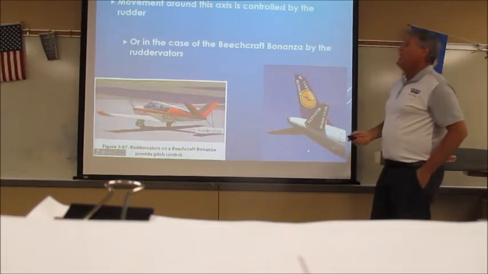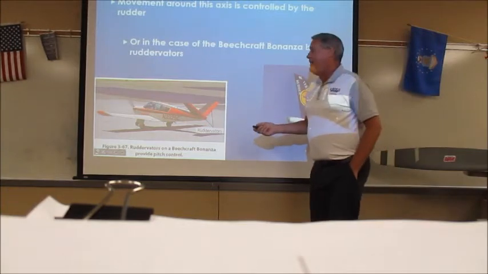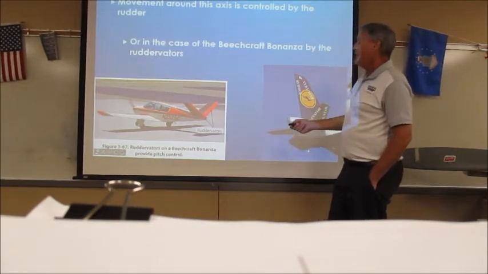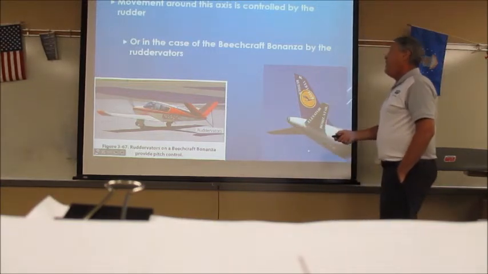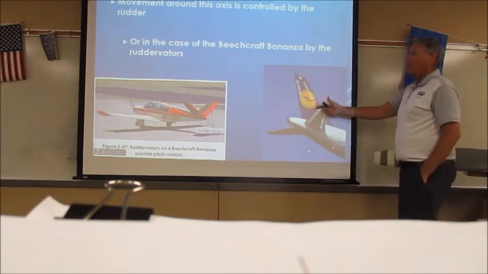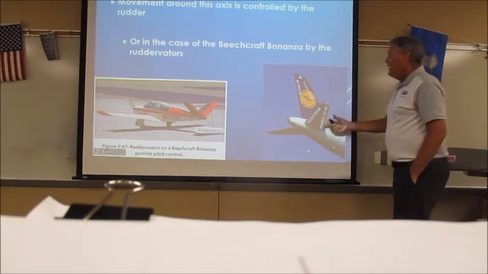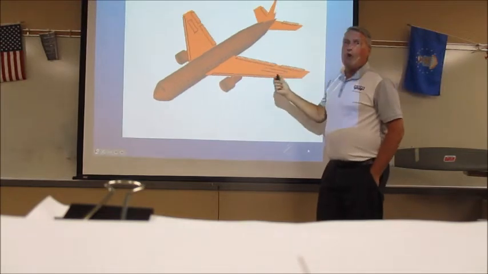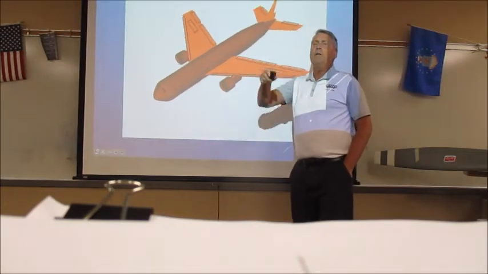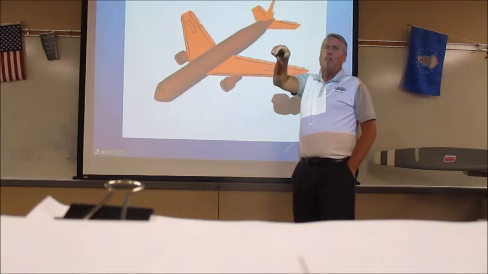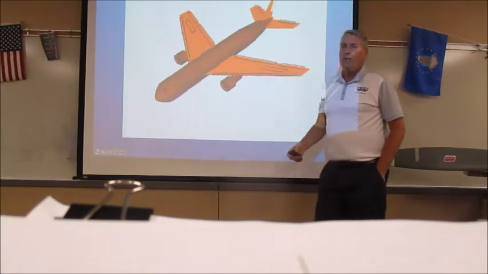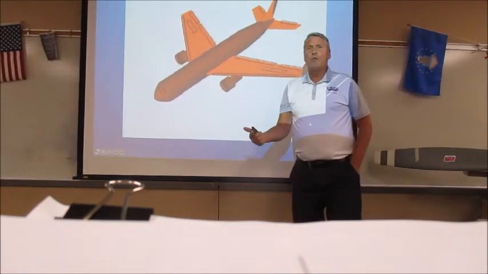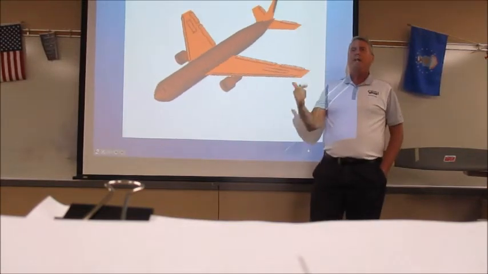You could have a ruddervator like this one on the Beechcraft Bonanza, or you can just have a regular rudder that we're used to on big aircraft and even small aircraft. The rudder moves my aircraft on the vertical axis. So those are your three axes of flight, and those are your three primary flight controls.